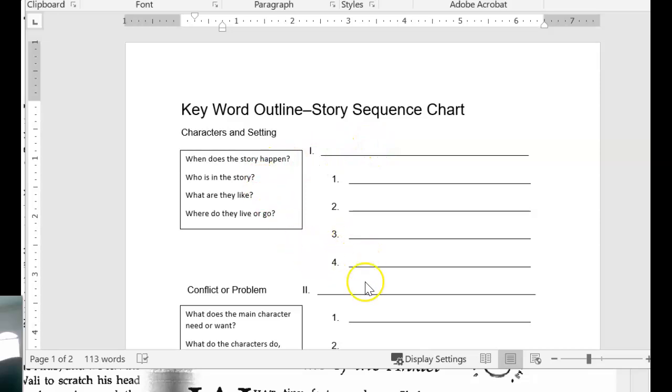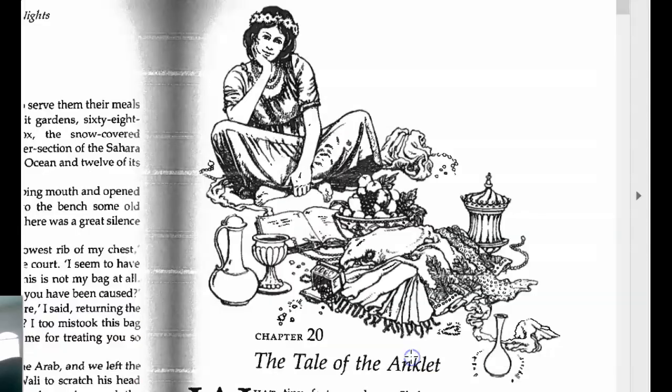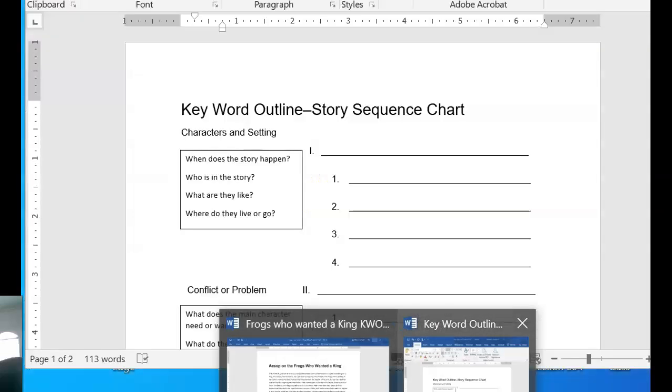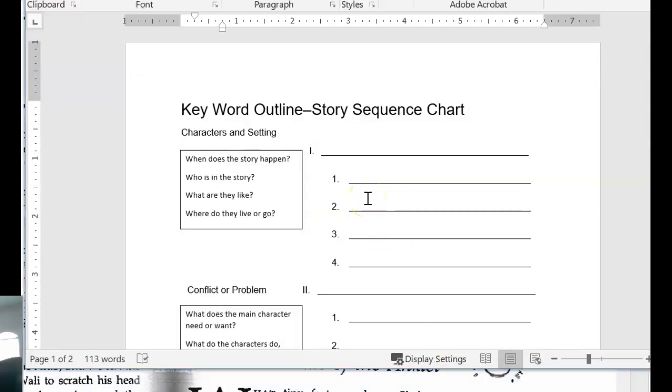So we did this in class, we looked at the tale of the anklet, and that is what we used to fill in our story sequence chart. So that's what we're going to do today. If we think about the character and setting of the anklet, it is set in Arabia.